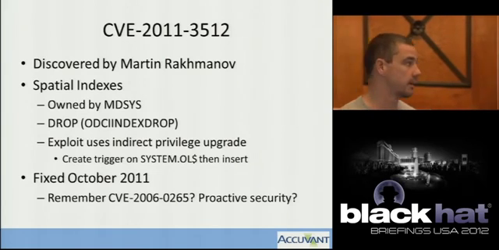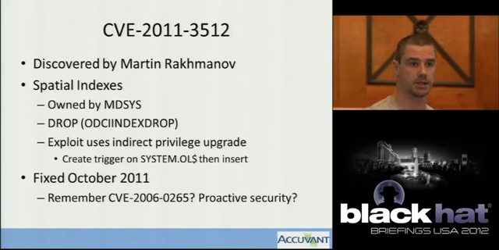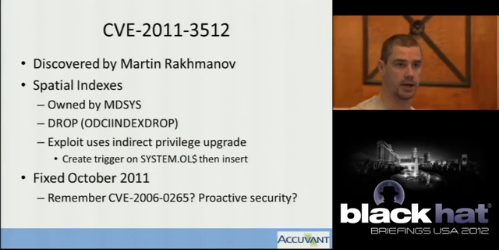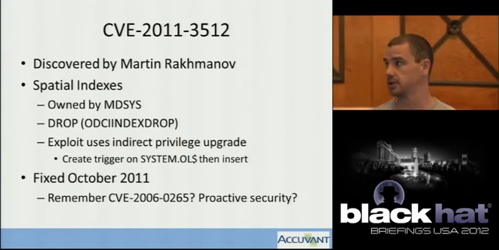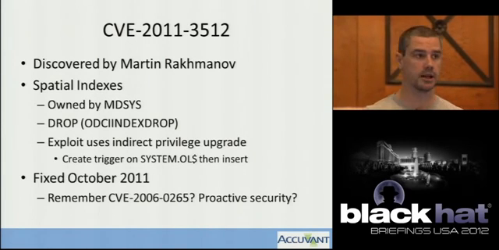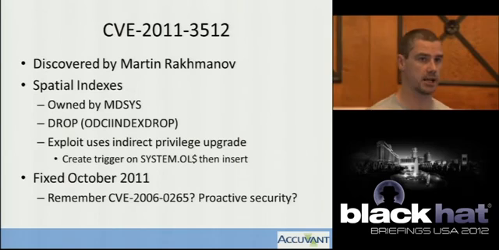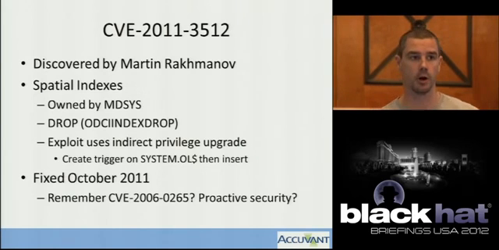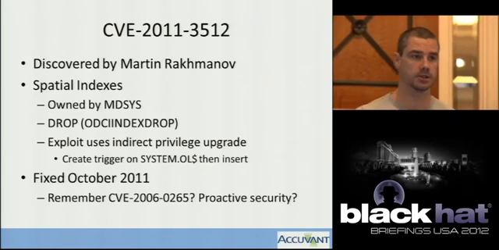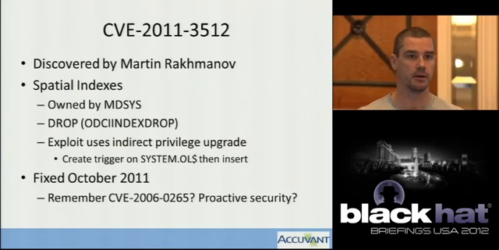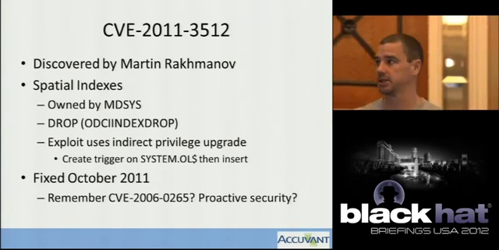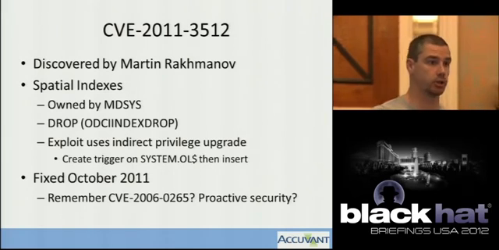Now, because it's owned by MDSYS, you can't do a direct privilege upgrade to DBA. What you have to do is an indirect way. Basically, there's a table, SYSTEM.OL$ that has public insert permissions on it, and what the MDSYS user does have is the CREATE ANY TRIGGER privilege.